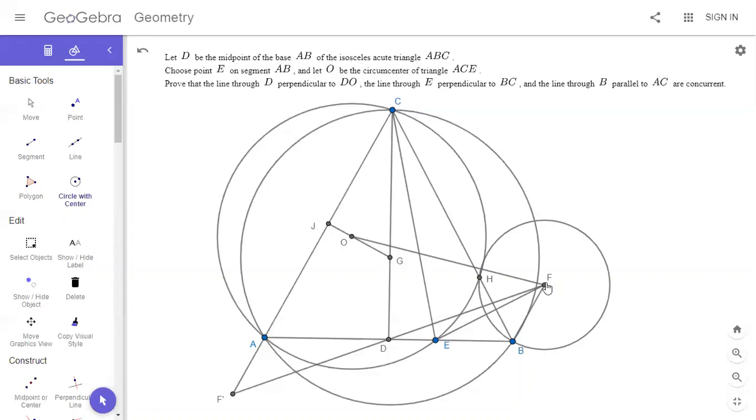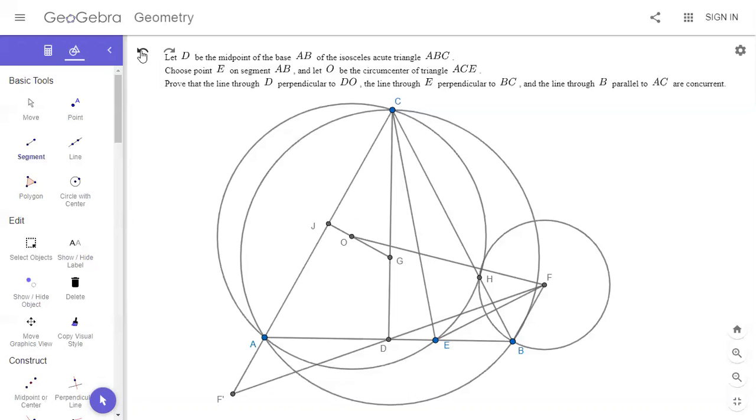OHF is like a really flat triangle, right? Is it that triangle? Yes. And OAF prime, I like it. So we know one of the sides is equal, and we know the other side is equal. Yeah, that's probably just an angle chase. I think you got it.